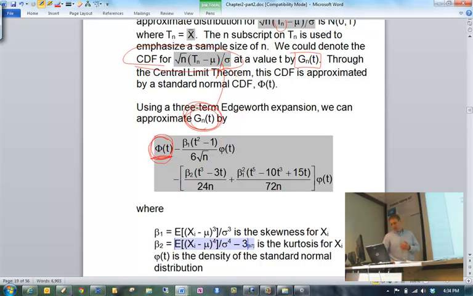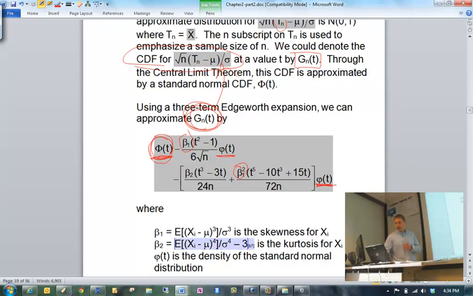The first, what's often referred to as the second term of the expansion, depends upon the density function of a standard normal. Beta 1 here is the skewness of X. The third term in the expansion, again, has a standard normal.